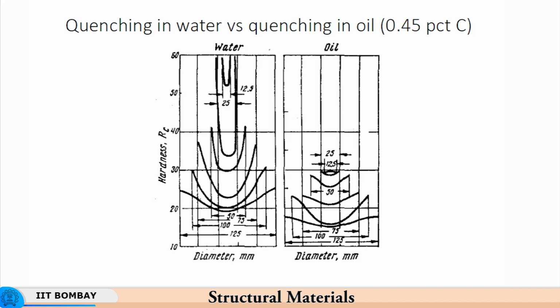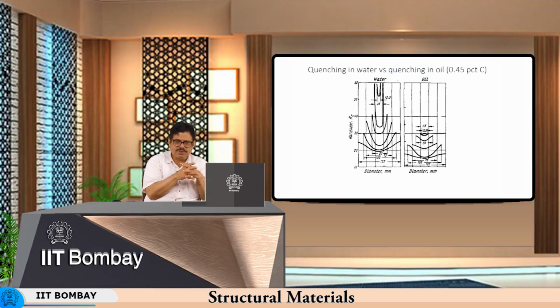You do not want too much differential hardness being created. You would like a gentle variation in hardness: the surface has to be hard, and towards the interior you have a relatively gentle gradient of hardness right up to the center.